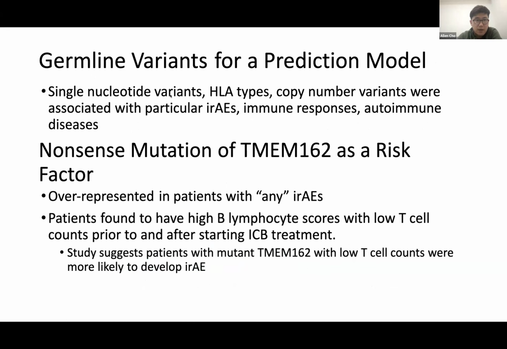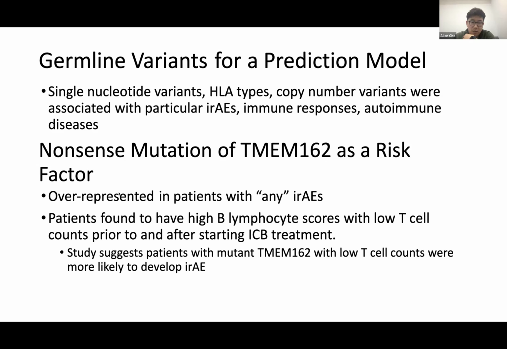Along with that, they also found a germline variant, where there are different types of the nucleotide variant, HLA types, all related with particular adverse events or immune responses. They also found a specific mutation that is a risk factor for developing adverse events.